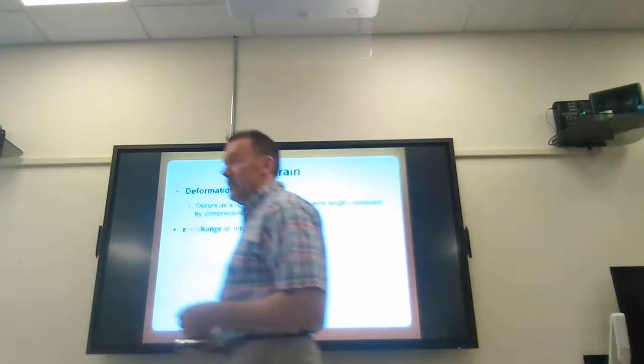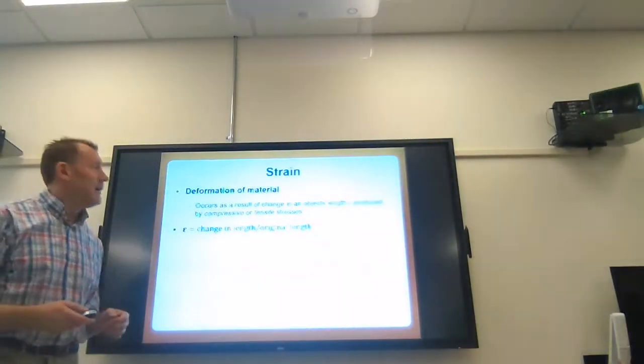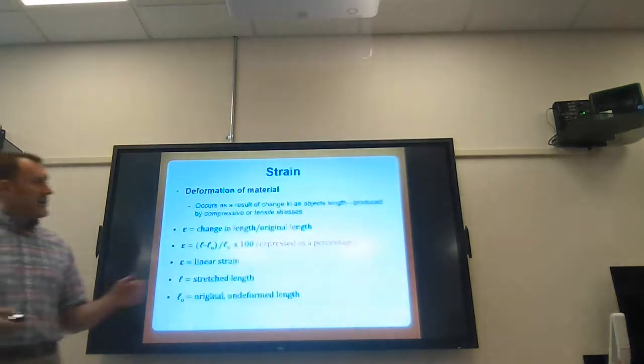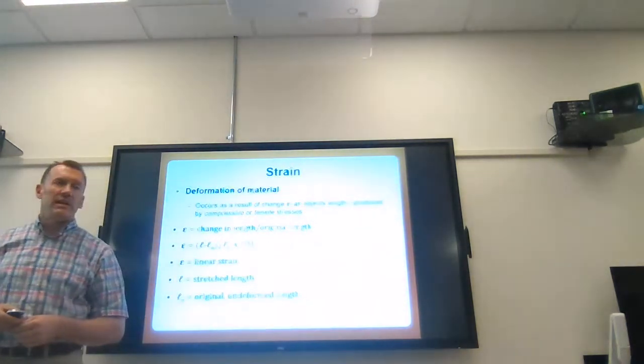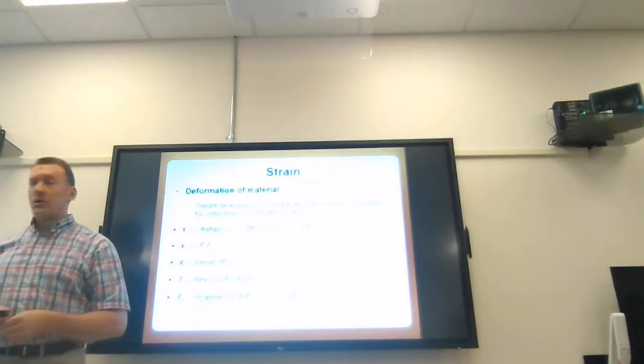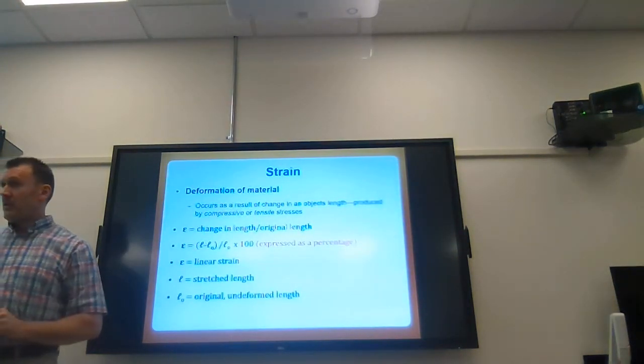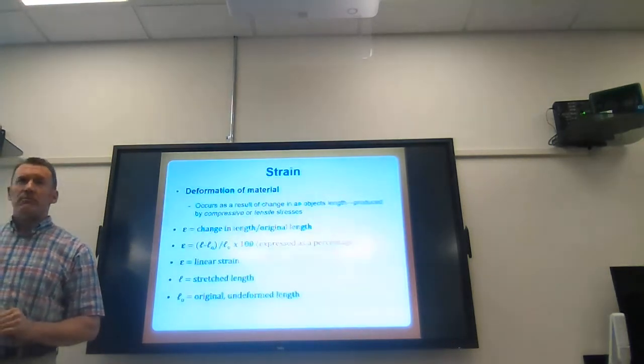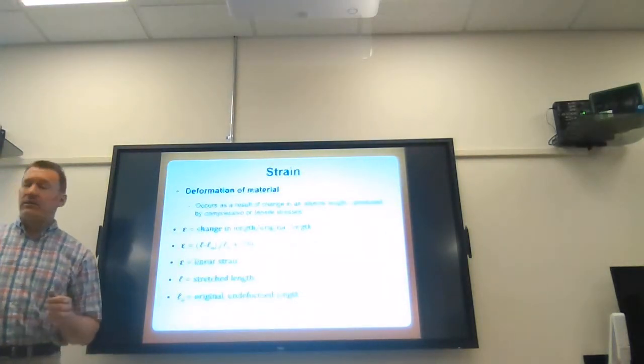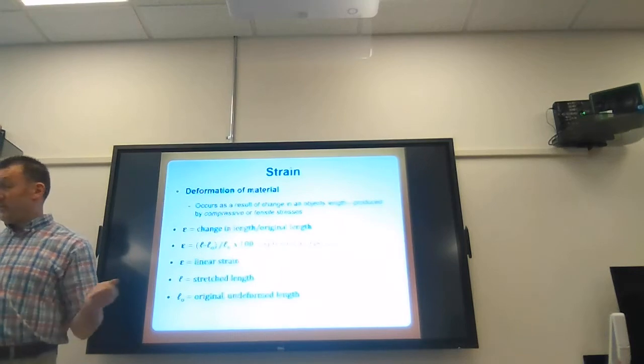So we have a formula for strain, and strain is expressed as a percentage. So you take the stretched length, which is going to be greater than the original length. So think of a muscle and a tendon like a rubber band that you're stretching.